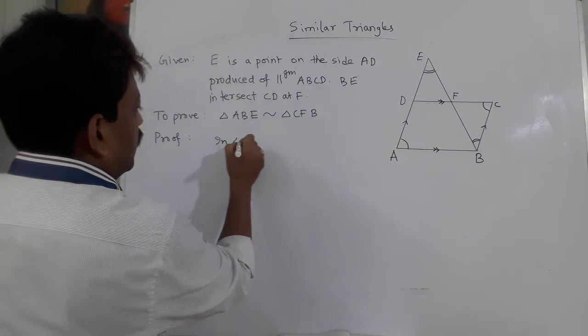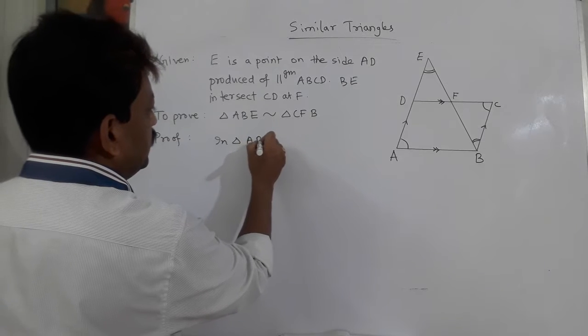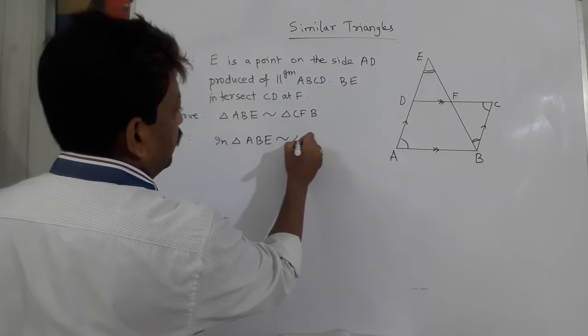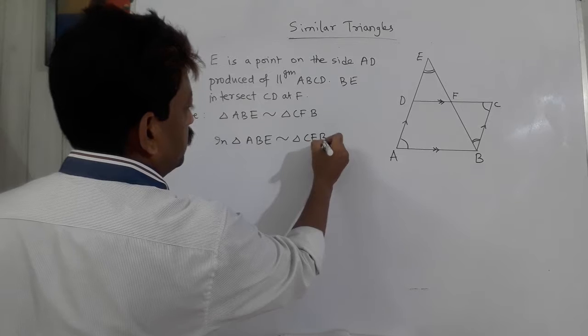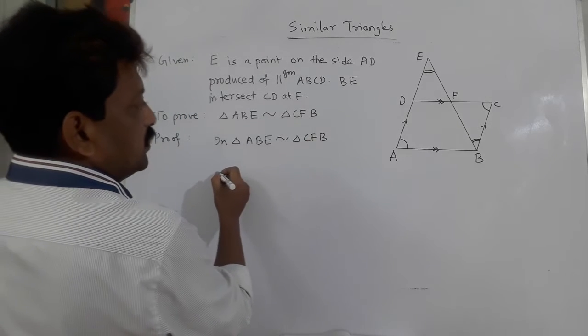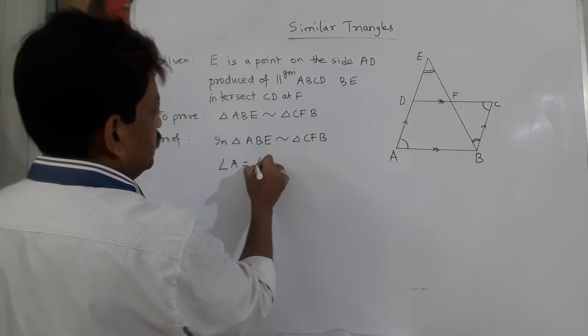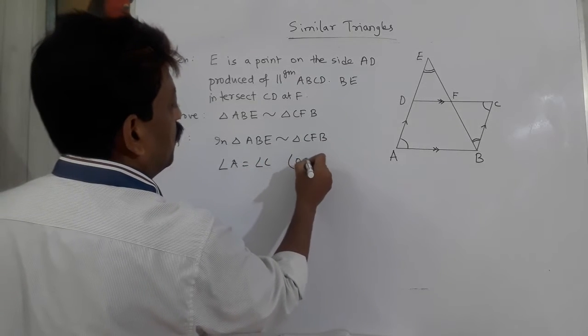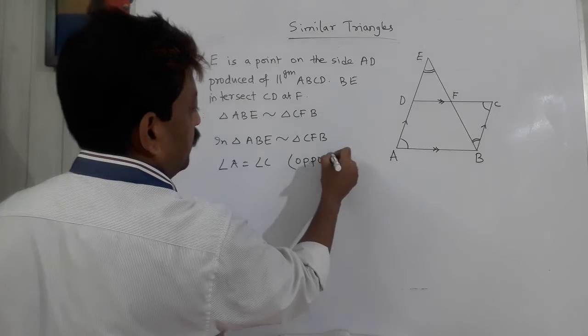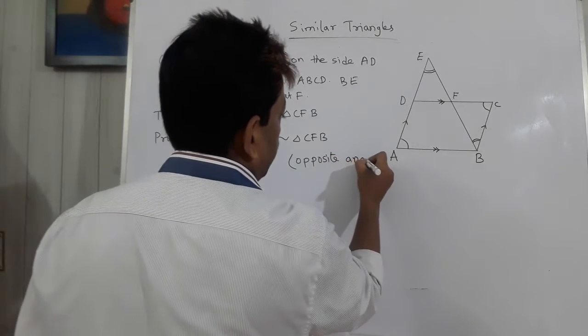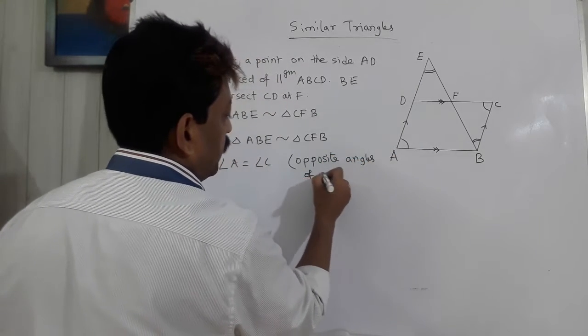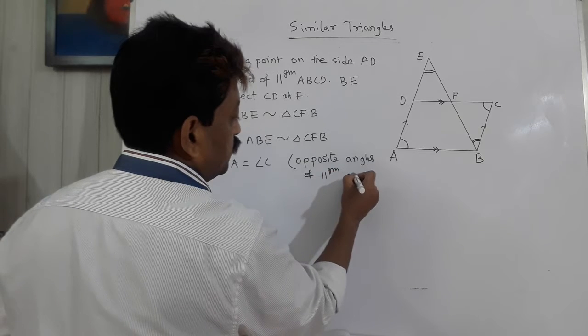So in triangle ABE and triangle CFB, what are the things equal? Angle A is equal to angle C, the reason being opposite angles of a parallelogram are equal.